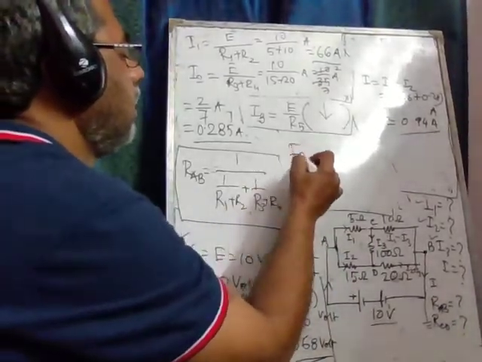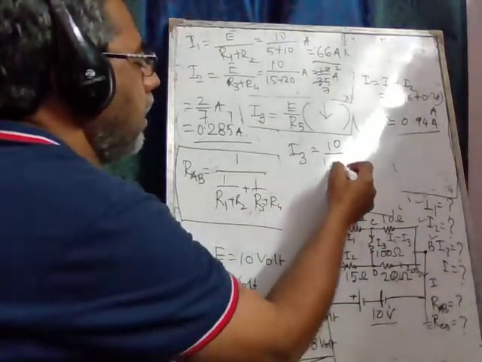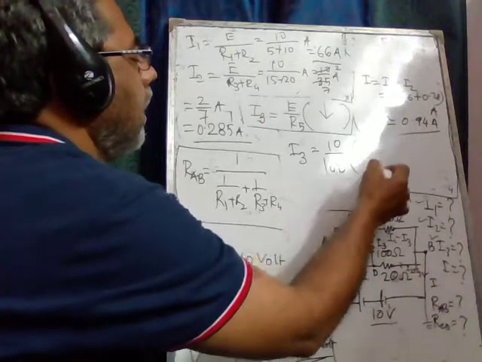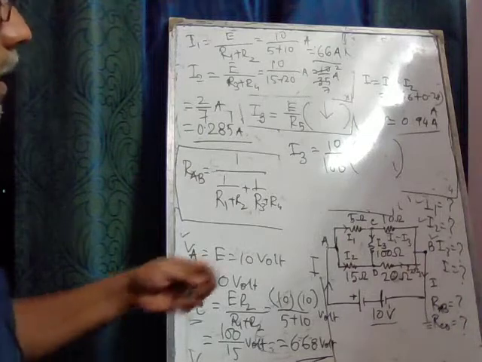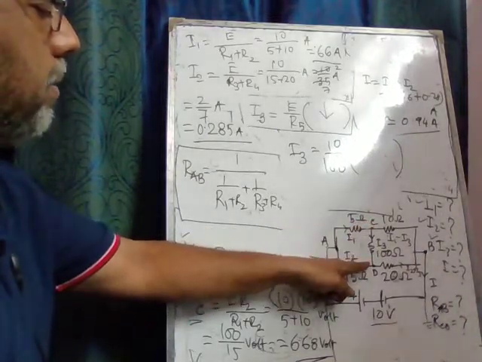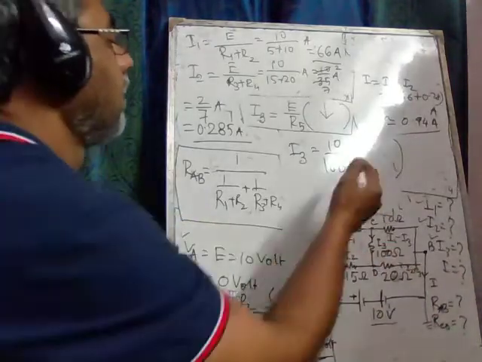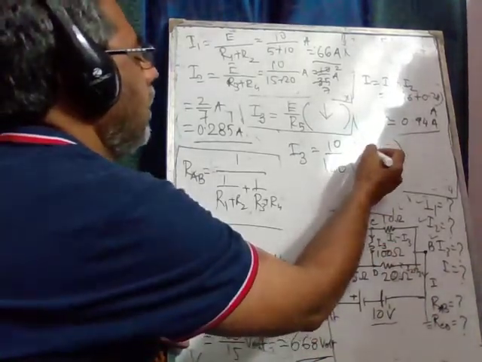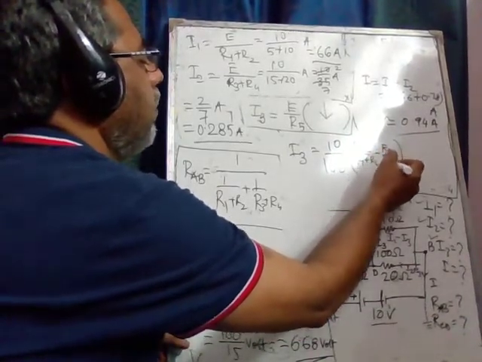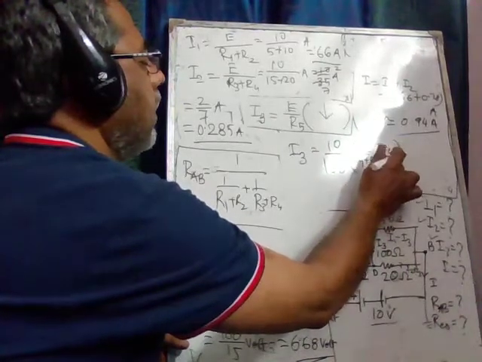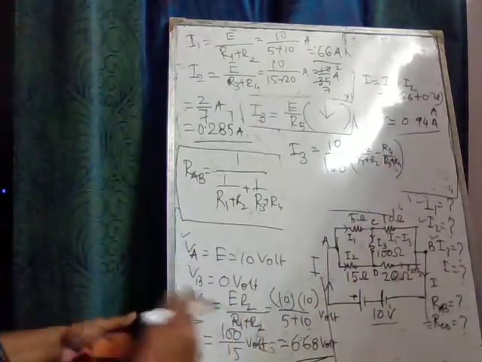I3 is E, which is 10, R5 is given as 100 ohm. And this quantity within the bracket comes from VC minus VD, and VC was E R2 over R1 plus R2 minus R1 R2 over R1 plus R2 minus R4 over R3 plus R4.